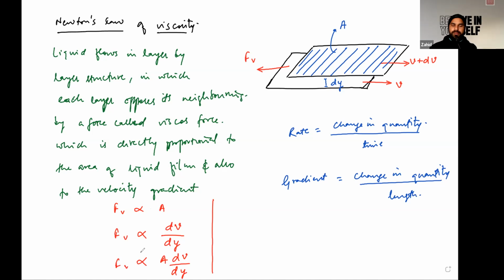Just replace this proportionality sign by a constant term. So here it will be Fv equals eta A dV by dy, with a negative sign, since this viscous force is opposing in nature. This constant of proportionality is called the coefficient of viscosity.